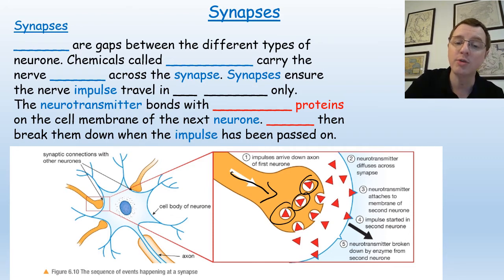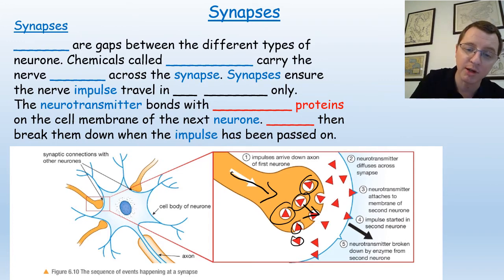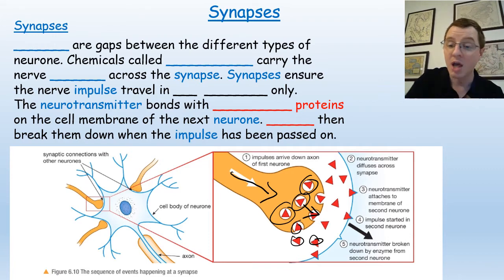And as soon as the electrical nerve impulses interact with these vesicles, the vesicles move forward and they fuse with the cell membrane and they release these neurotransmitters, these little triangle neurotransmitters, and they move across the synapse by simple diffusion. Because the gap is so small, this diffusion takes millionths of a second and is incredibly fast.